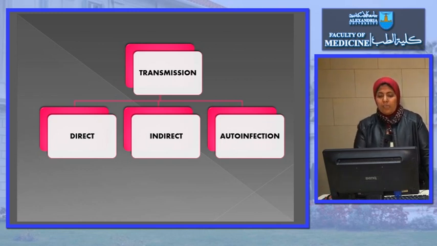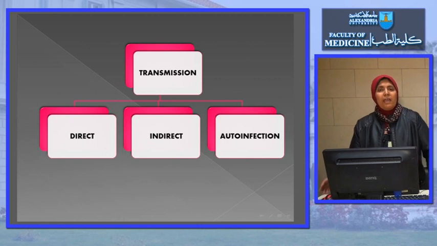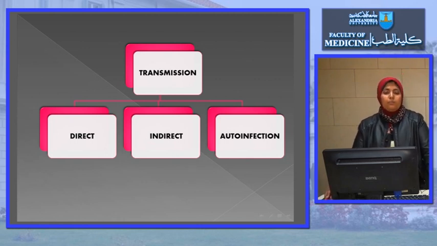Now, there are three modes of transmission of this nematode: direct transmission, indirect transmission, and auto-infection. Of course, in the auto-infection, man is the source of infection for himself. But in both the direct and indirect forms, the worm needs the soil to continue its development.